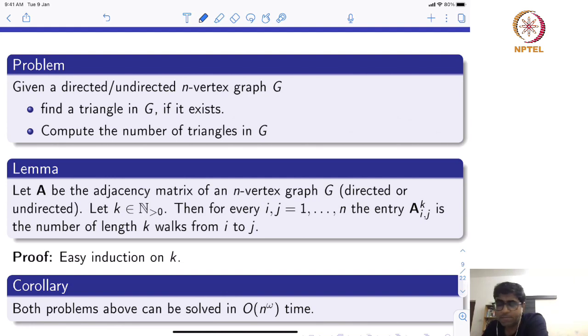algorithms. Let A be the adjacency matrix of an n vertex graph G, directed or undirected, right? And you fix any k, then for every i, j from 1 to n, look at the kth power.